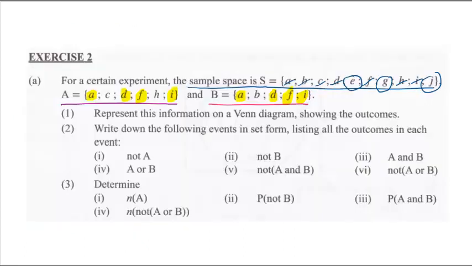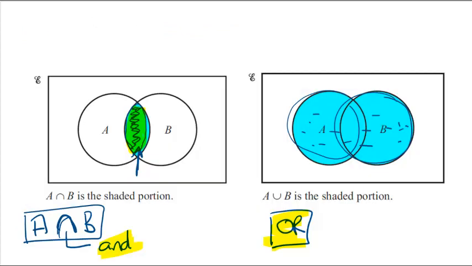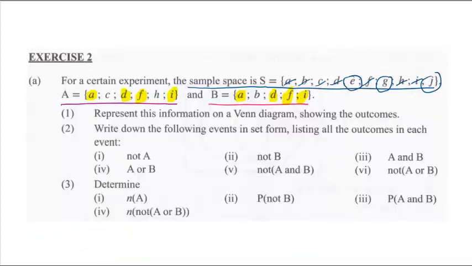A or B. Again, or means everything in A and everything in B. So if I do A or B, I am literally going to take the line for A and the line for B without repeating anything.